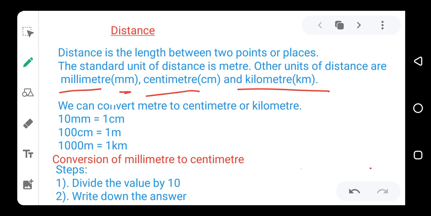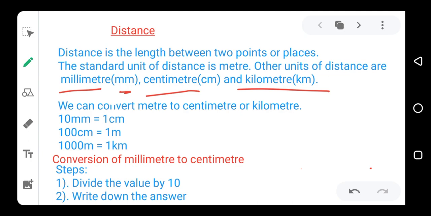We can actually convert one unit to another unit. That means we can convert meters to millimeter, or to centimeter, or to kilometer. And we can also convert kilometer back to meter or centimeter or any of the units that we want. I will show you how to do the conversion.